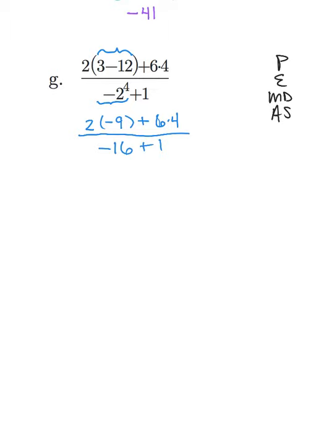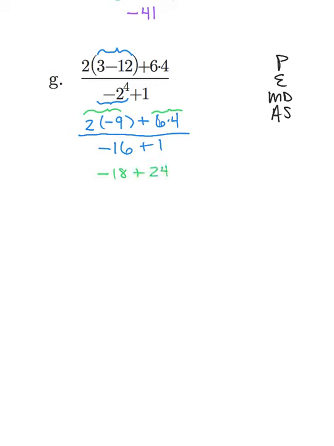Okay, so now that takes care of our first step on the numerator and the denominator. So let's go back to the numerator and see what we can do now. Now we can go ahead and do our multiplications. So we get 2 times -9 is -18. 6 times 4 is 24.